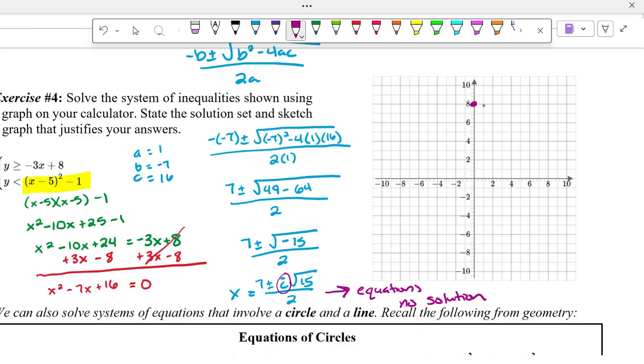My rise over run is down 3, so 3 over 1. Down 3, 3 over 1. Down 3, 3 over 1. I'm just going to keep doing that until I run out of graph.